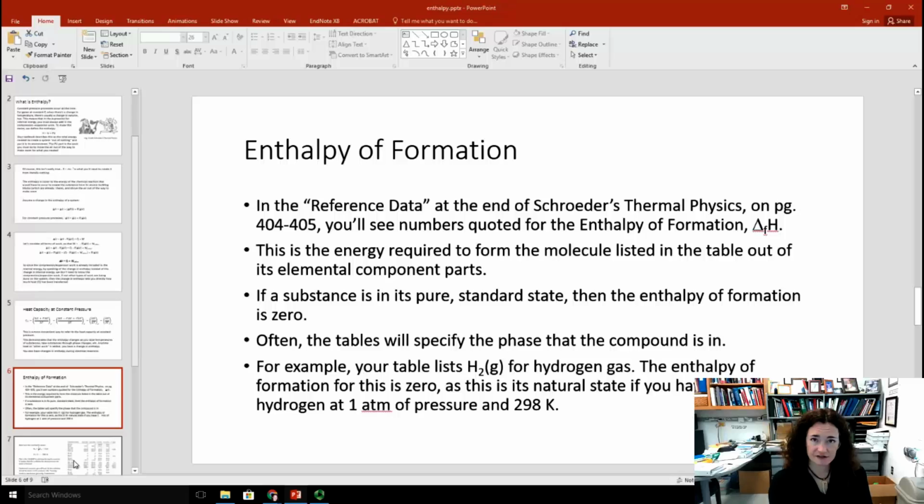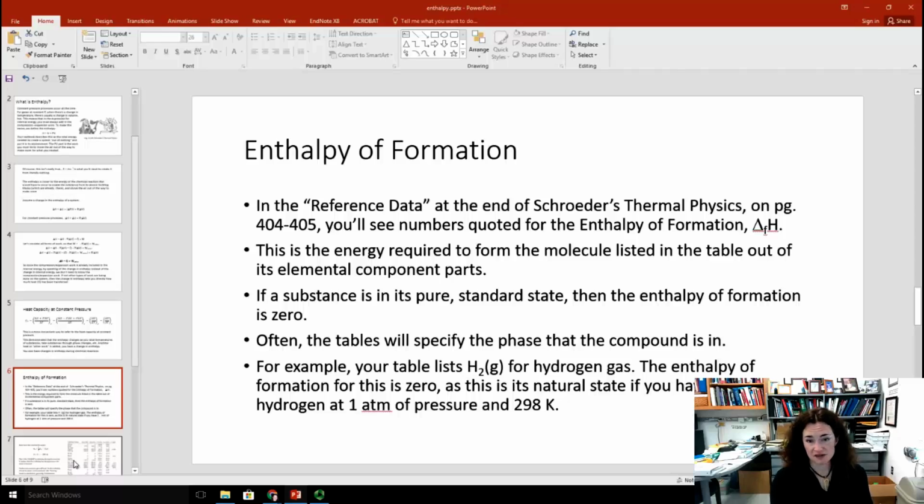And if you're looking at a different set of tables, then you might see slightly different numbers if those tables are listed for different temperatures, for example. But if the substance is in its pure standard state, given those conditions I just described, then the enthalpy of formation is 0.